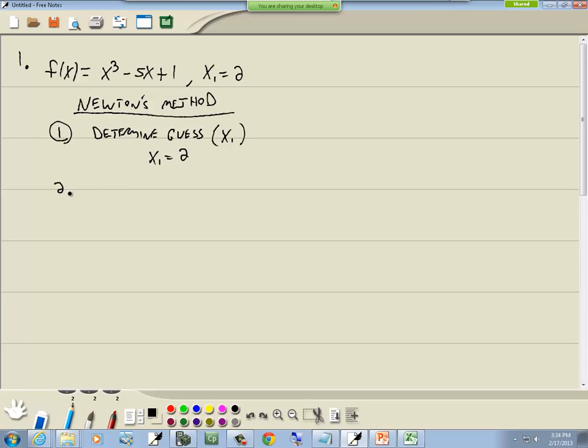And in step 2, we're going to calculate. We're given our function, but we want to find our derivative. So for this one, x to the third, derivative of that is 3x squared, and then negative 5x gives us negative 5.